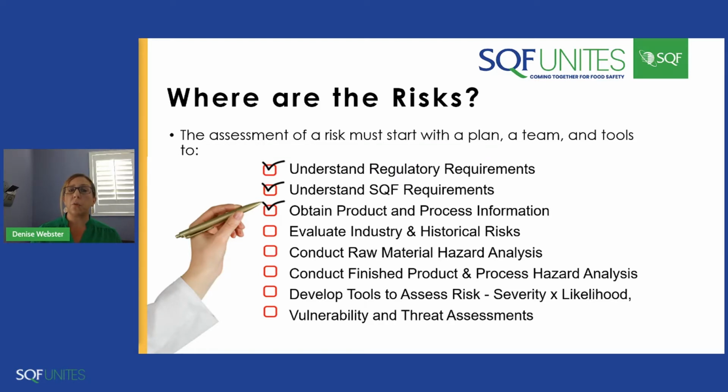Are there historical risks particular in that category? What does the CDC data say in the outbreaks? What are those triggers that could lead to something that we need to make sure we're controlling so we're not a statistic? We also have those other tools that we have already in our toolbox, our hazard analysis, our severity and likelihood risk charts, as well as, which we'll talk about later, our vulnerability and threat assessments.